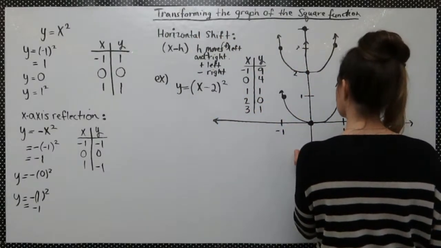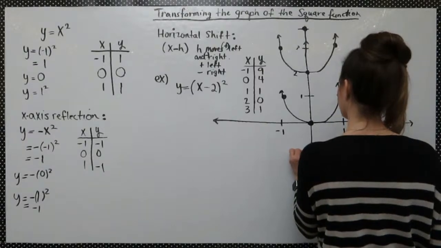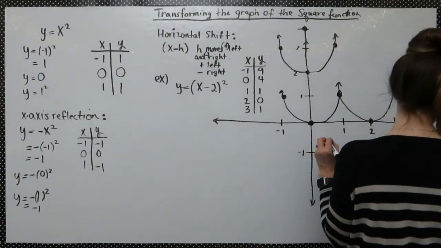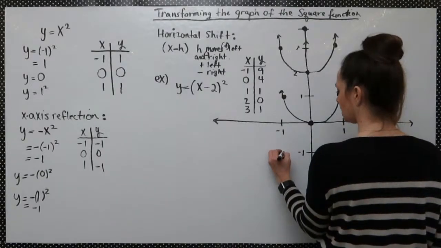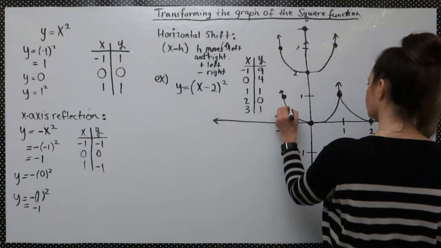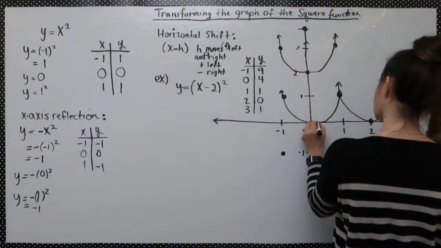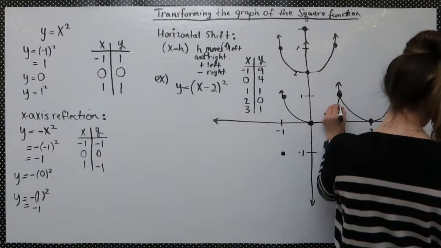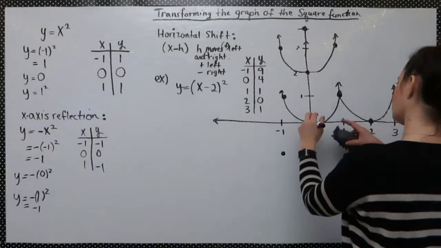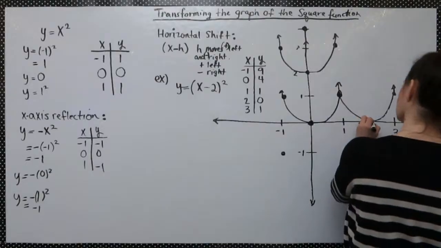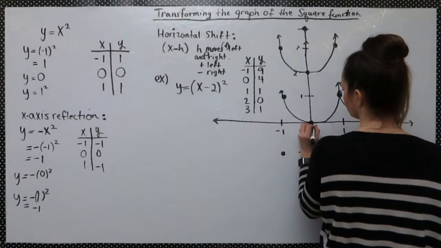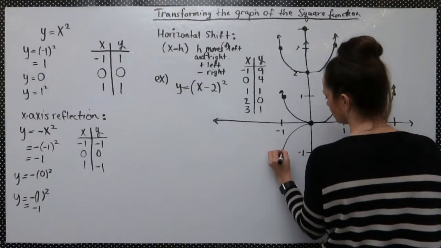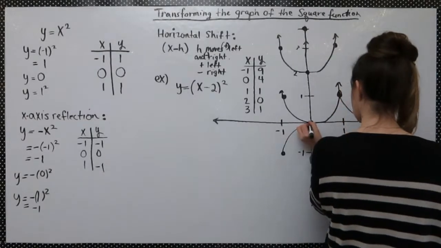So what this graph is doing, that negative is causing it to have a flip where now it's concave down. Where you had a minimum value at the vertex, when you have a negative graph, you have a maximum at the vertex.